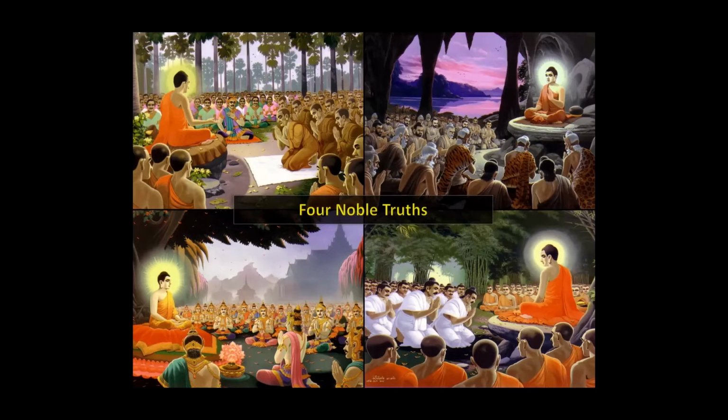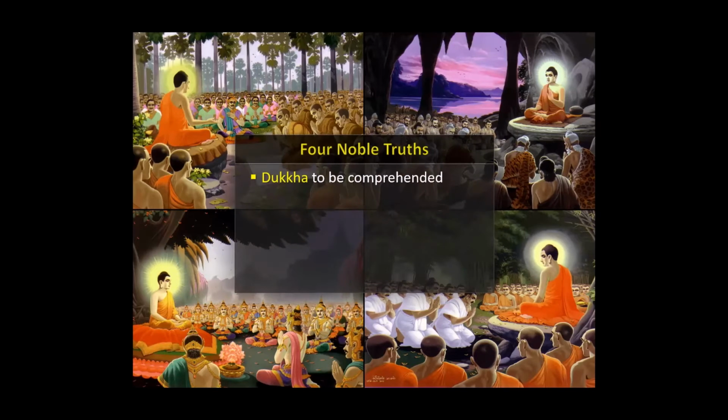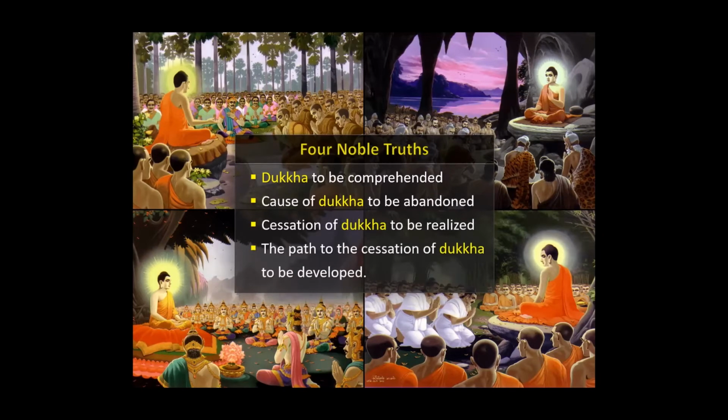Instead of viewing truth in relation to self, he said that it should be viewed in terms of dukkha, how it should be understood, how to abandon the cause of suffering, how to realize cessation of suffering, and how to develop the path to its cessation. This forms the framework within which the not-self doctrine is best understood and realized.